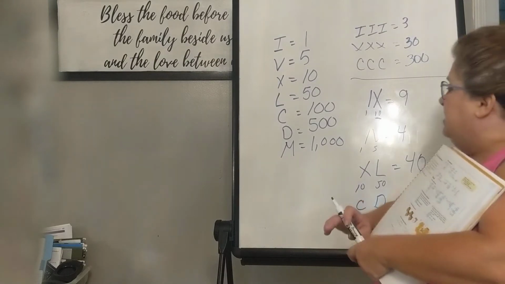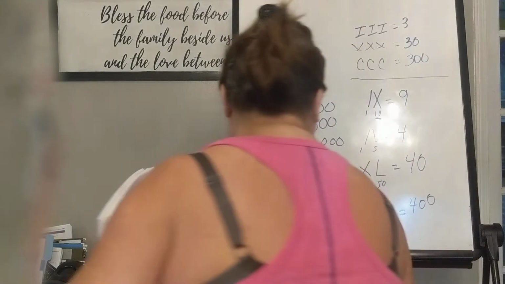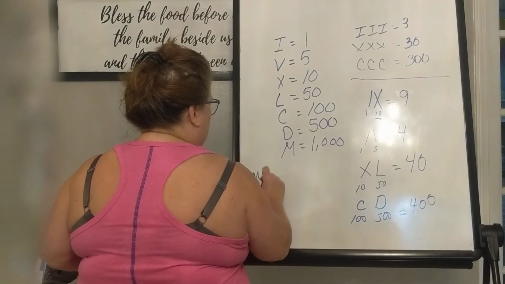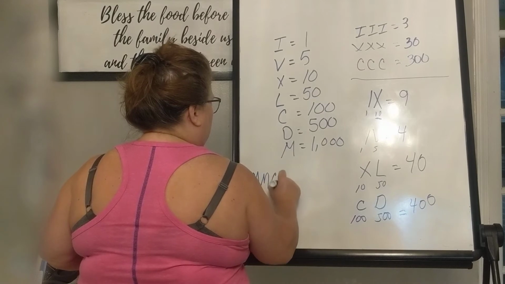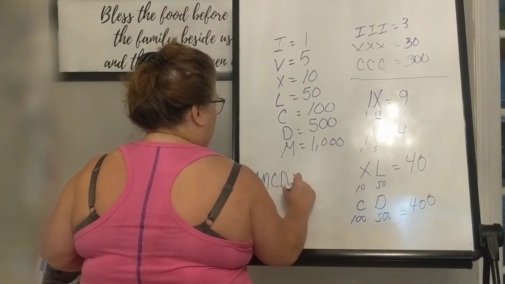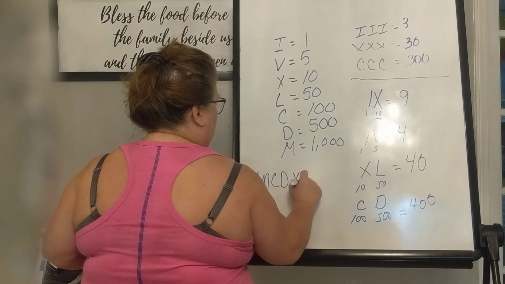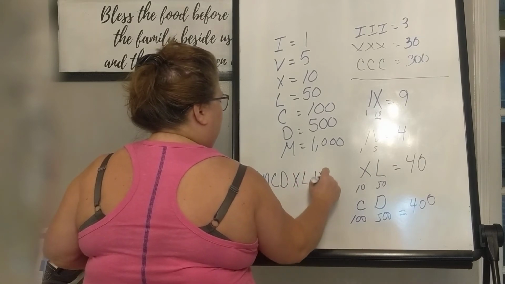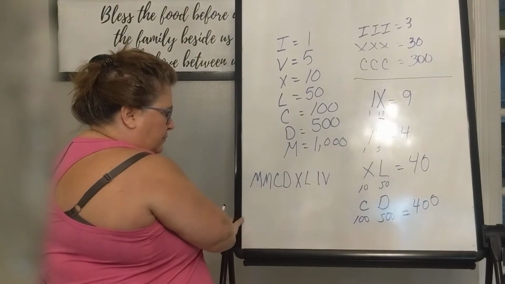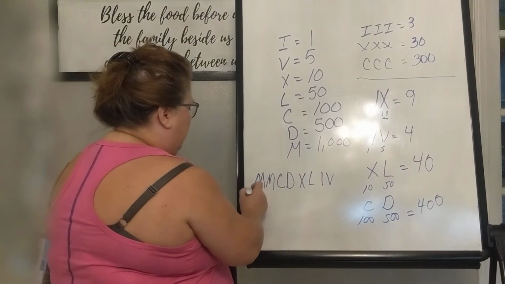Okay? So now let's put this in the middle of a larger number. I'm trying to make it a little bit where we have a lot of thinking to do here. Okay, so we have MM. What is MM?